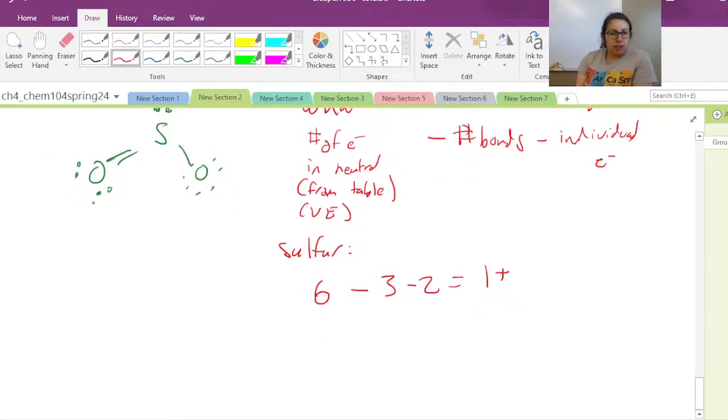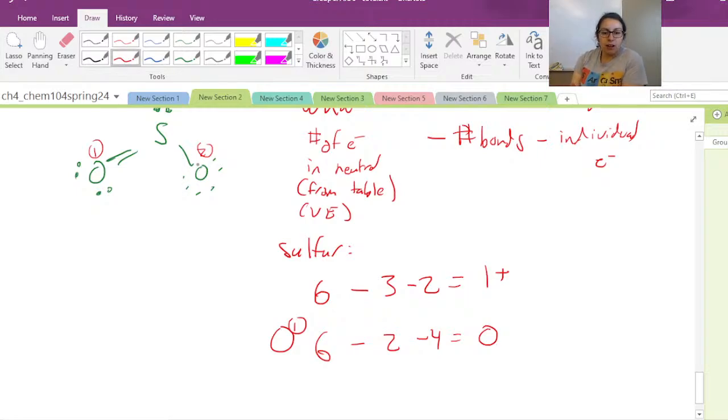If we look at this oxygen, I'm going to call this oxygen number 1 for a second. Oxygen number 1, same thing: 6 valence electrons, minus 2 bonds, minus 1, 2, 3, 4 individual electrons. So that one's 0.